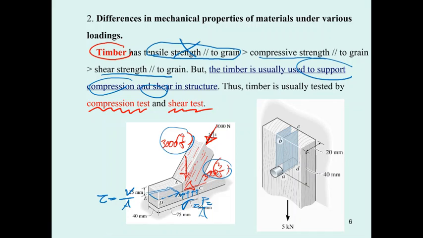Okay, another example is here. If you draw this in 2 dimensions, you have a piece of wood subjected to 5 kilonewton, and the wood has a hole here. During the application of the 5 kilonewton, the force will apply over here. And if you draw the free body diagram of this part, what is going to occur?